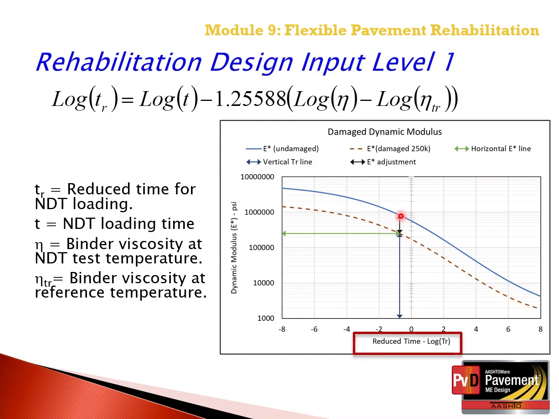So that's basically how the fatigue damage is determined, and then the fatigue damage is used to define the amount of cracking, bottom-up fatigue cracking, in the existing asphalt layer.